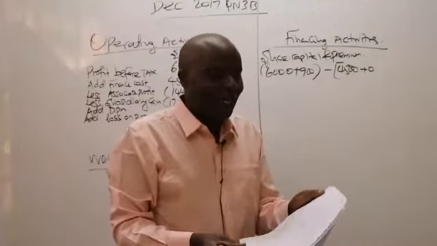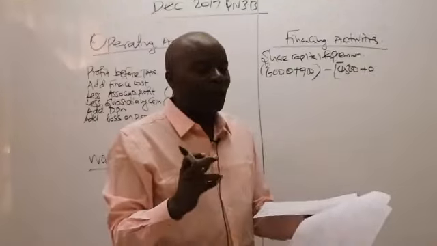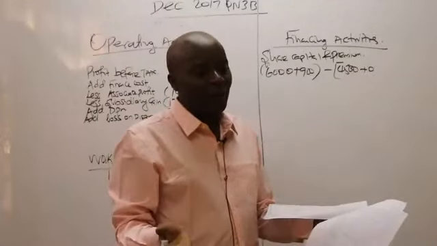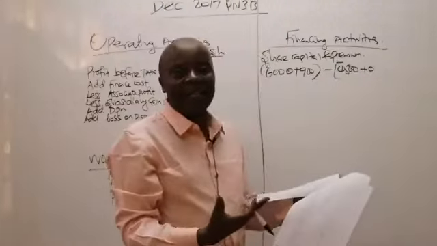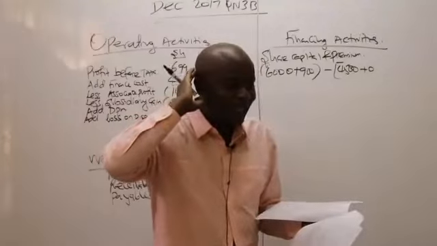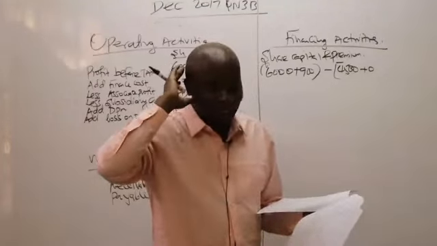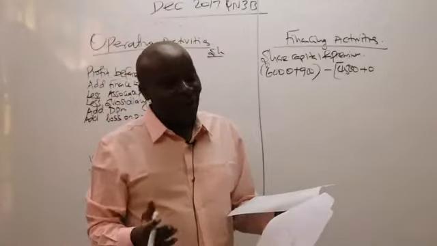They may say the disposed subsidiary's share capital was maybe 500, and expect you to subtract it here. Remember when we were consolidating, we only took the share capital of the parent only.